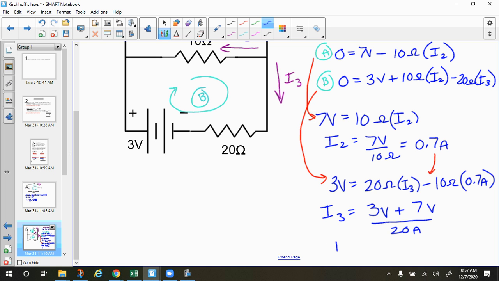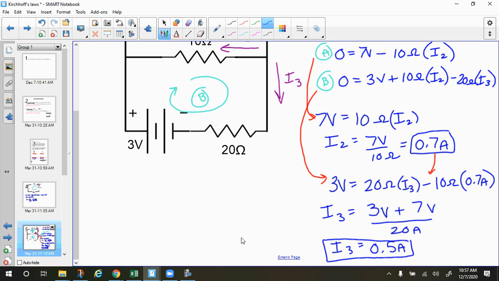And so I get 1.2 amps. No, I looked at the wrong line in my calculations, sorry. That doesn't make sense. 10 divided by 20, it's not 1.2. It's 0.5 amps. So there's I3. So here's I2. Here's I3.